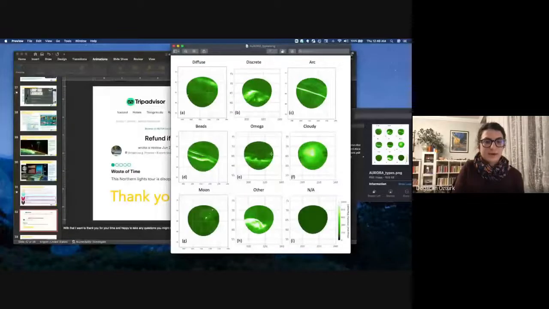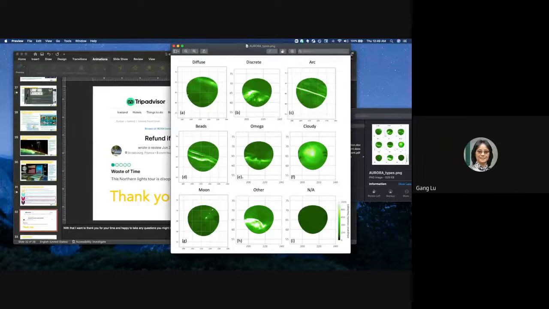Thank you for the question, Gang. One issue is, for example, we can look at Poker Flat images, and we are able to extend the possibilities of mesoscale aurora with omega types. Maybe I can share my screen. Sorry. So maybe you're able to see this kind of graph now.